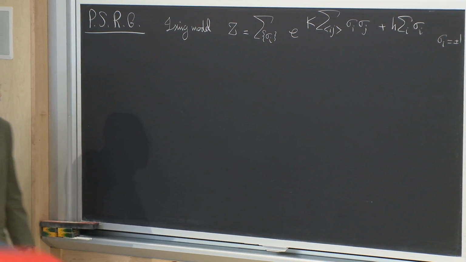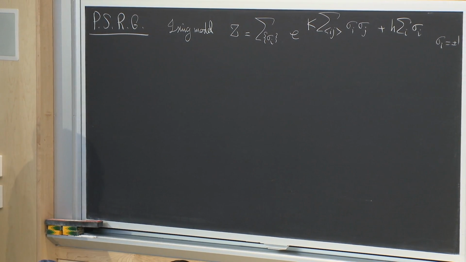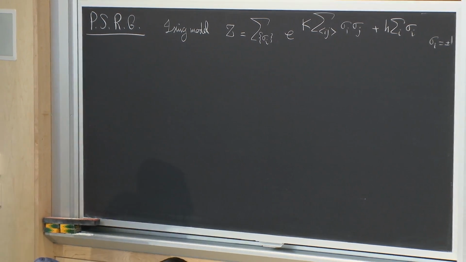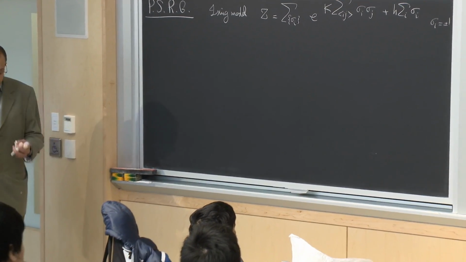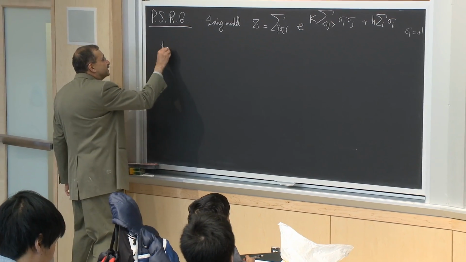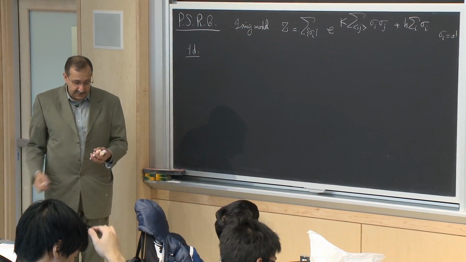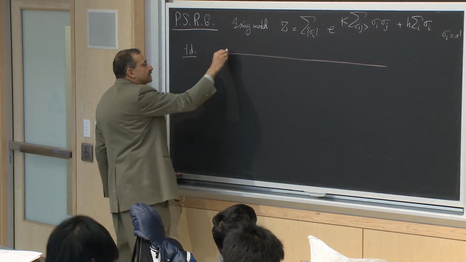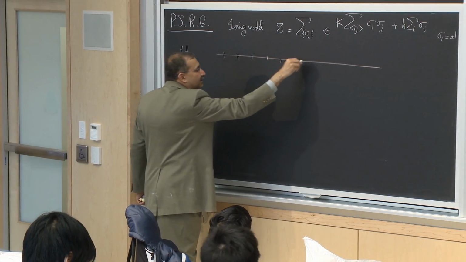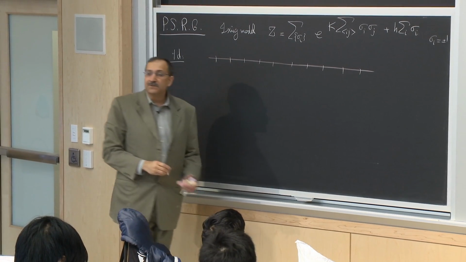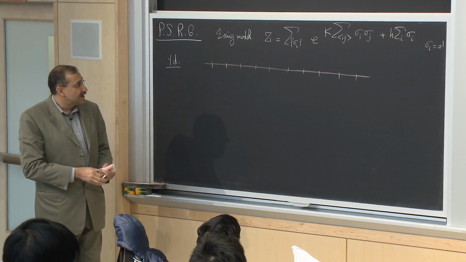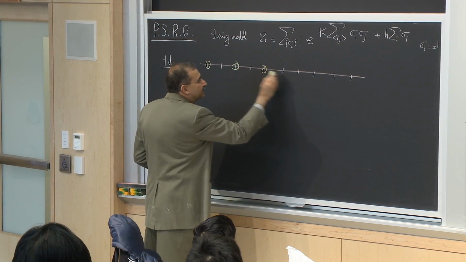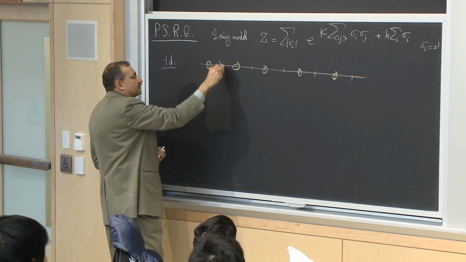Now, the idea of the renormalization group is to obtain a similar Hamiltonian that describes interactions among spins that are further apart. We saw that we could do this easily in the case of the one-dimensional system, where you have a line and you have sites on the line. Each one of them wants to make their neighbor parallel to itself. And what we saw was that I could easily get rid of every other spin and keep one set of spins.